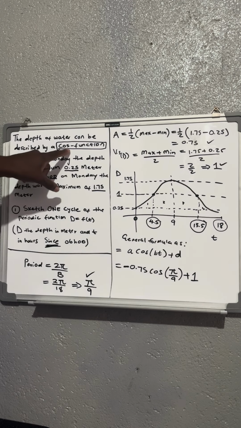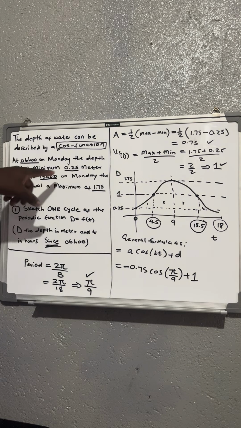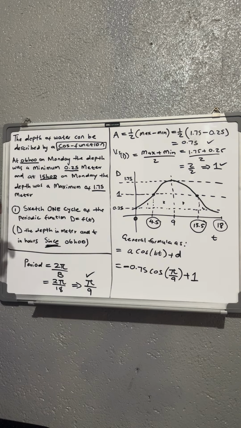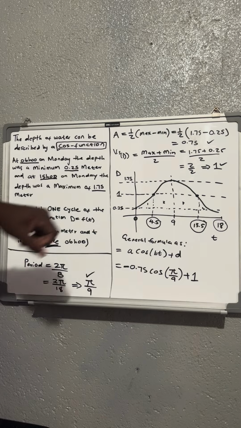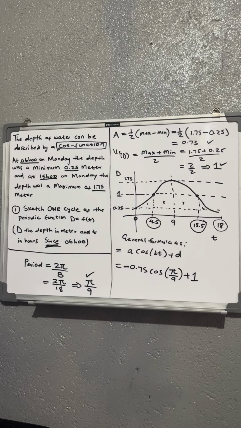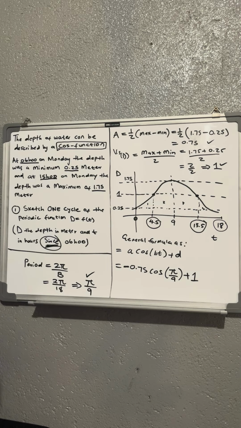So those are the steps that you have to keep in mind, and just to run through it again. They had already told us that it was a cos function, and they also told us that at 6 o'clock they had a minimum of 0.25, then at 3 o'clock they had a maximum of 1.75. Then the only information that helped us determine our starting point was this 1, and also the wording that they use in brackets.